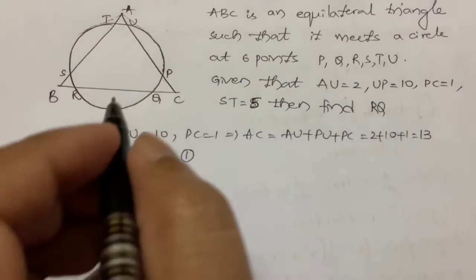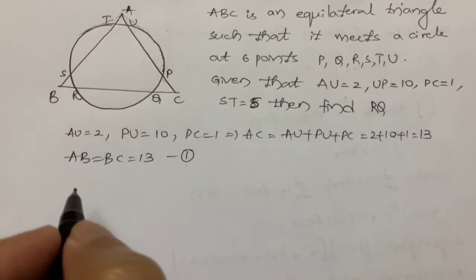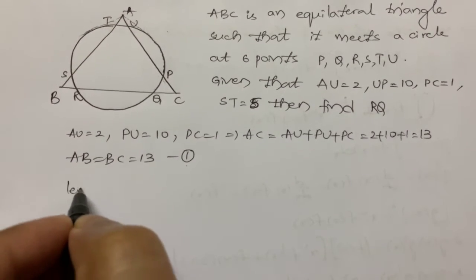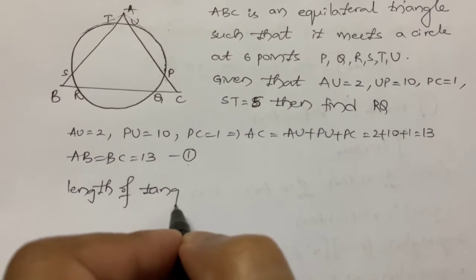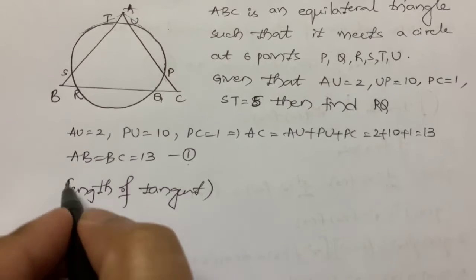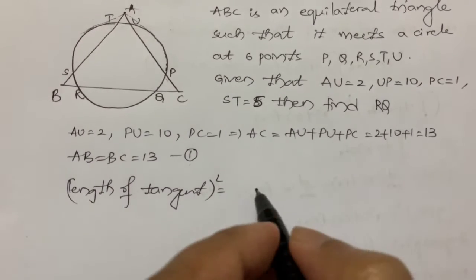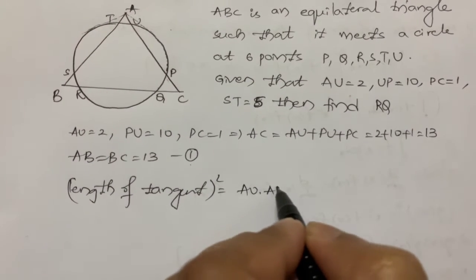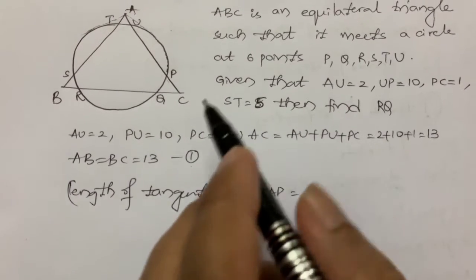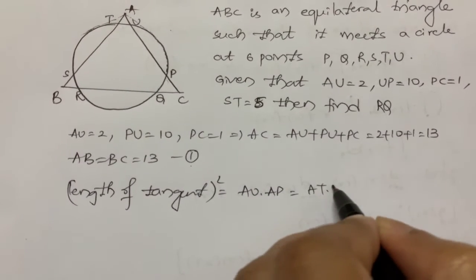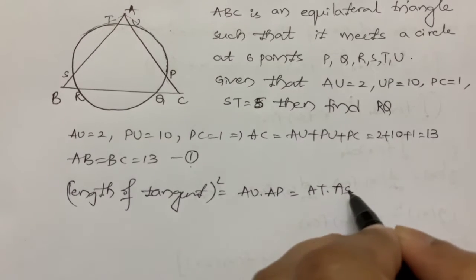So the length of the tangent squared is equal to AU into AP, which is the same as AT into AS.